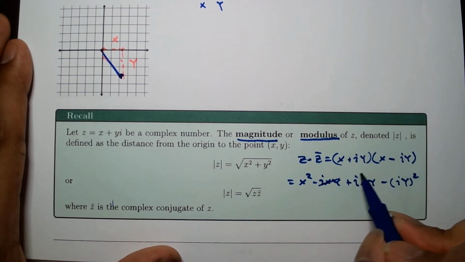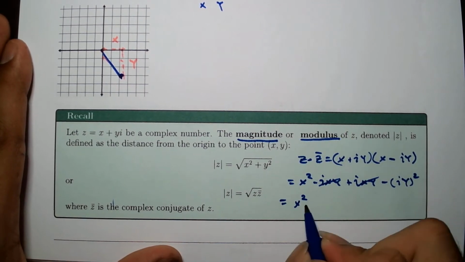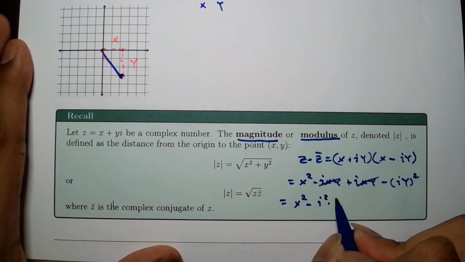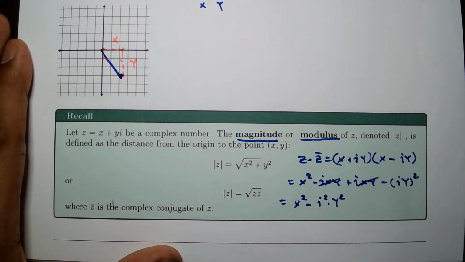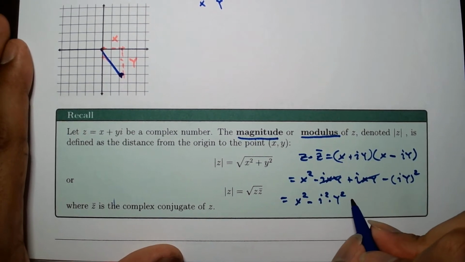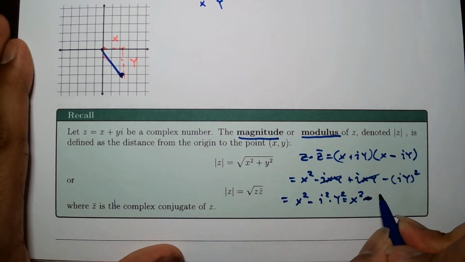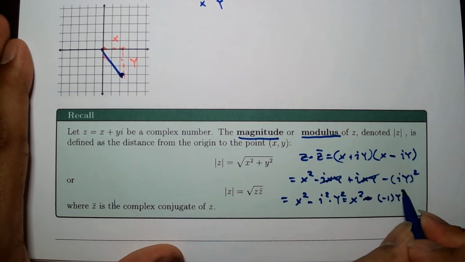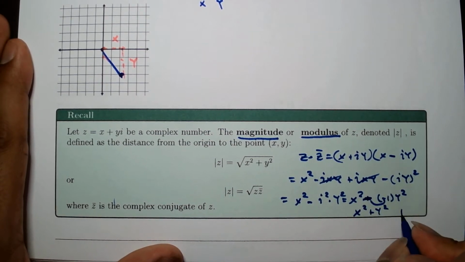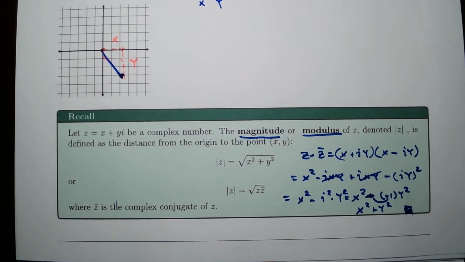These two quantities go away, and we have x squared minus i squared times y squared. But what's i squared? If you remember from basic complex numbers, i squared equals negative 1. So this is x squared minus negative 1 times y squared, which is the same as x squared plus y squared. And that's how we verify this equality right here. It's the same.